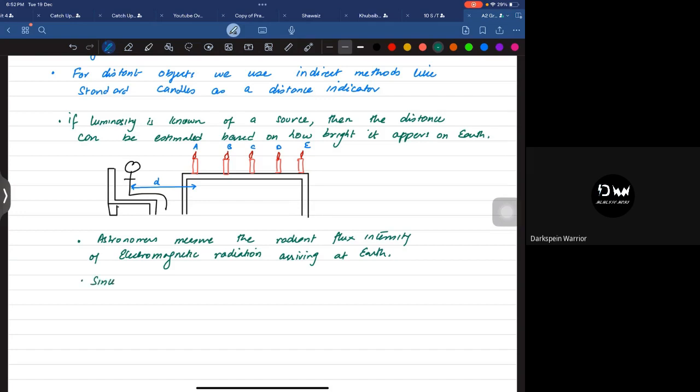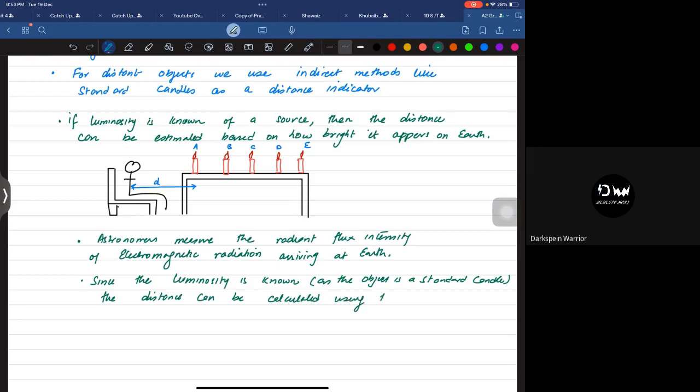Now, since the luminosity is known as the object is a standard candle, the distance can be calculated using the inverse square law, which is F equals L over 4 pi d squared. This is why we have done so much. Is it clear, everyone?